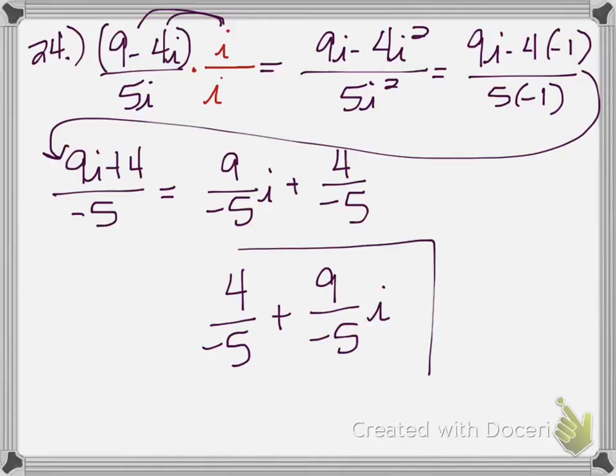You can put the i up with the 9 if you want, but when you enter it into MyMathLab, make sure you do a fraction and then a fraction and then click out of the fraction and then put the i. Don't put the i in the denominator, which is what some students accidentally do, because that would be wrong. So this is a plus bi form.